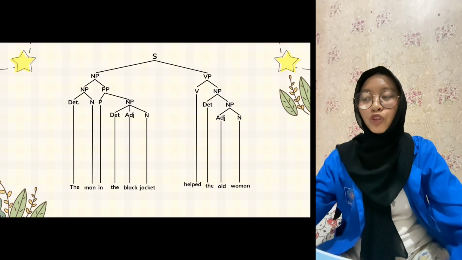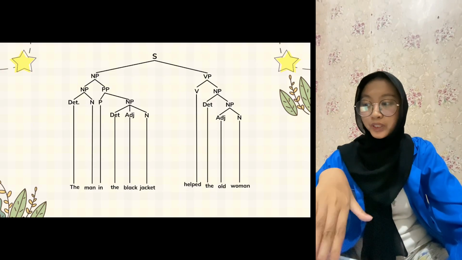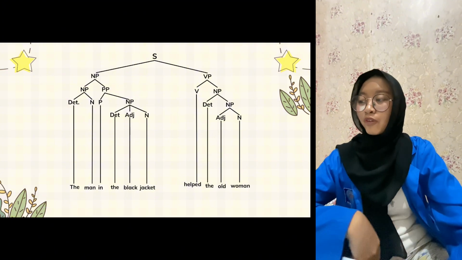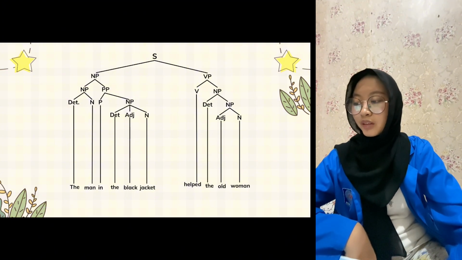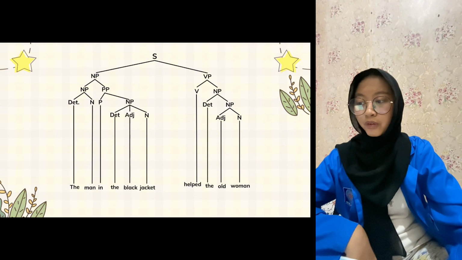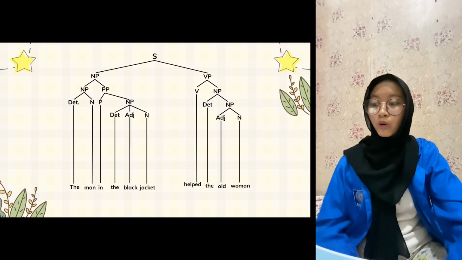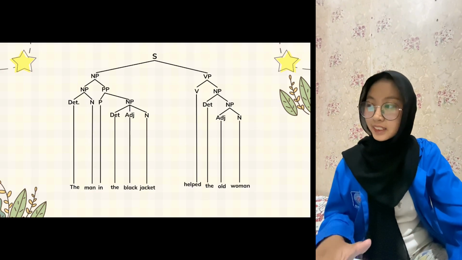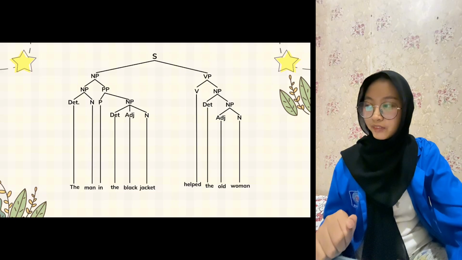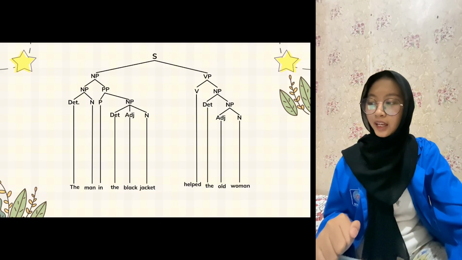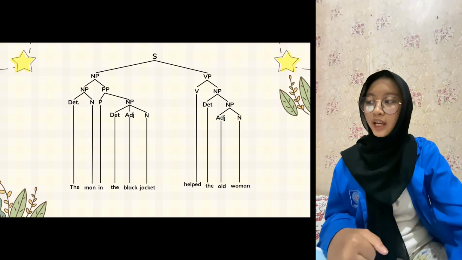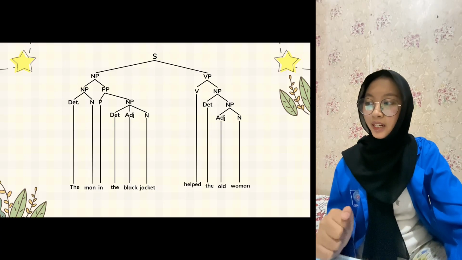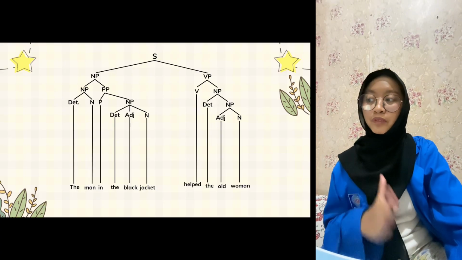Also, we divided it into two parts again, NP and VP. For the NP, we have the man in the black jacket, and for the VP, we have helped the old woman. Inside the NP, we have determiner as the word the, noun as the word man, and also the prepositional phrase.